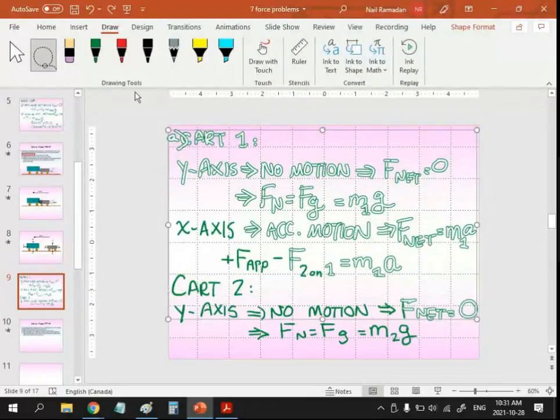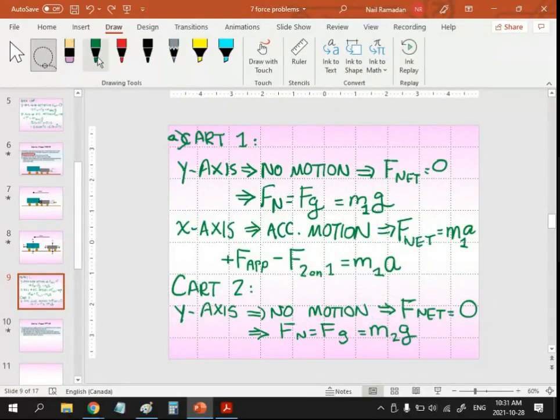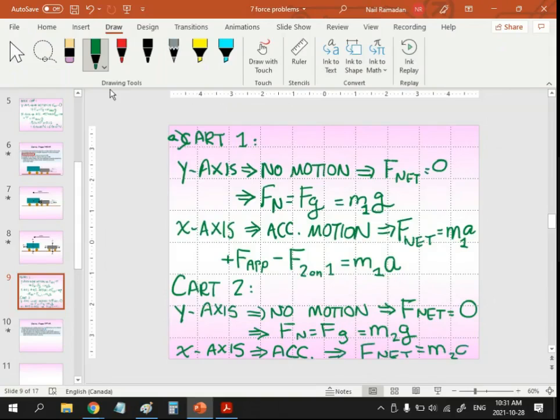I should have written smaller. Okay, sorry. Let's keep going. X-axis. How many forces are acting horizontally? One. What is it? Okay, so accelerating, which means F net equals ma. So what's my next line?